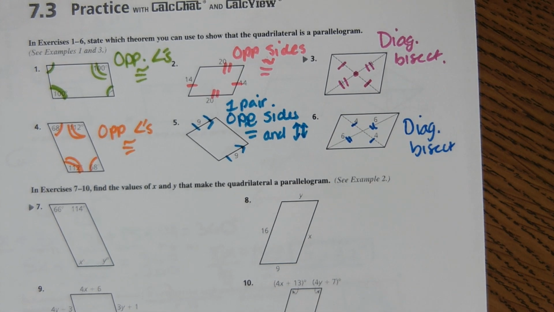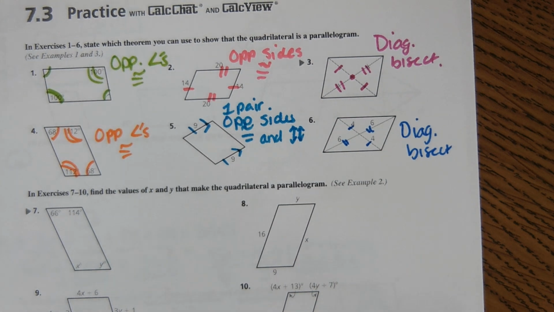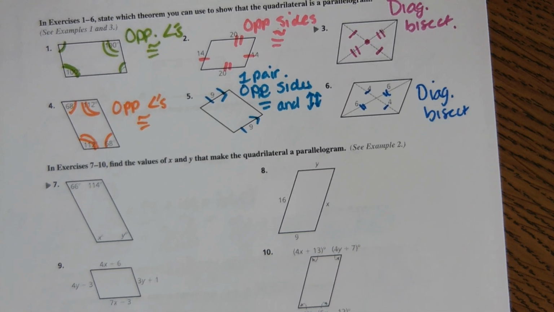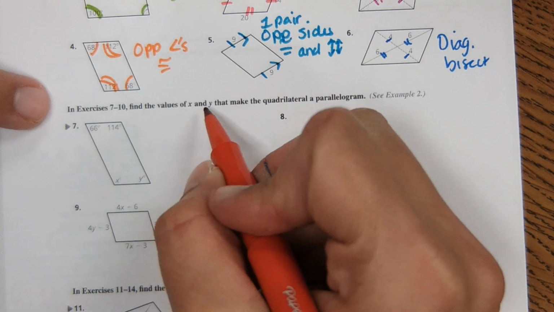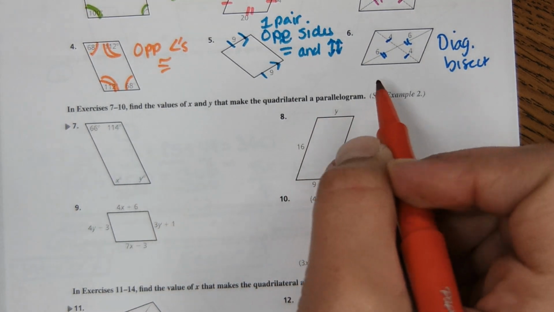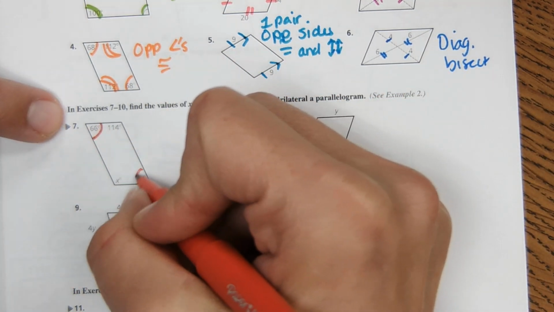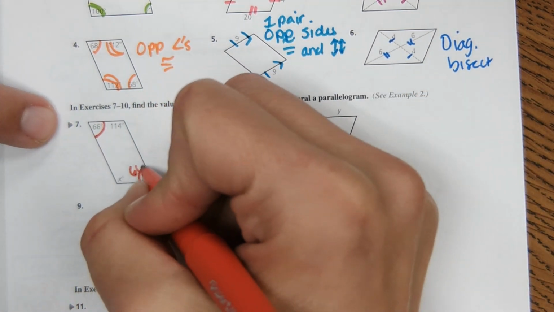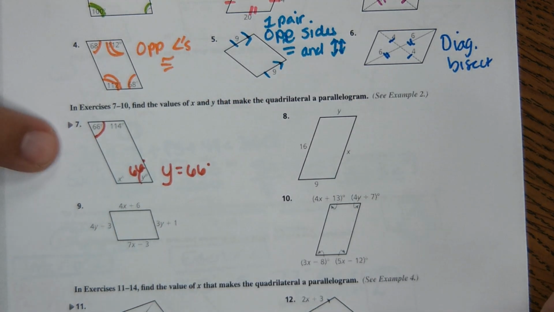Okay, so now we're going to use these conditions to solve stuff over here. It's very simple solving, it's nothing crazy. So down here it says find the values of x and y that make the quadrilateral a parallelogram. Okay, well, in a parallelogram, opposite angles are equal. So if this is 66 degrees, this is 66 degrees, y equals 66 degrees.